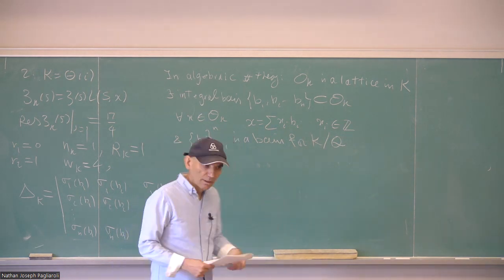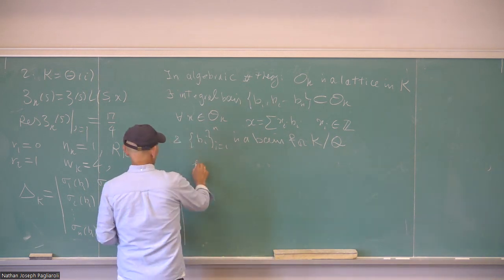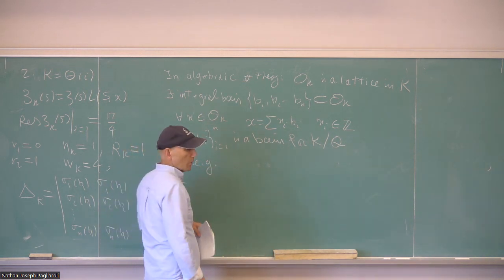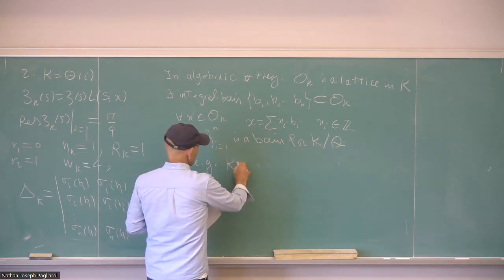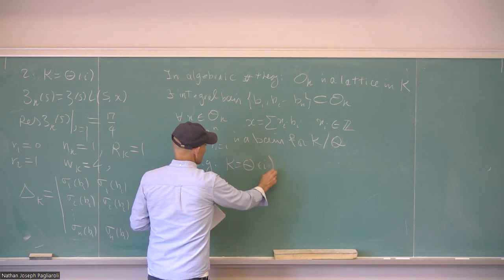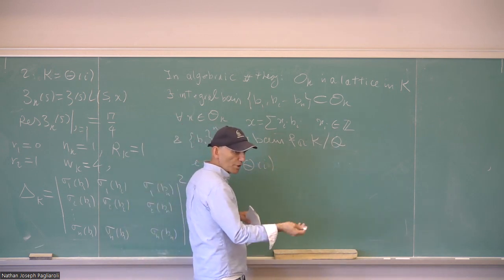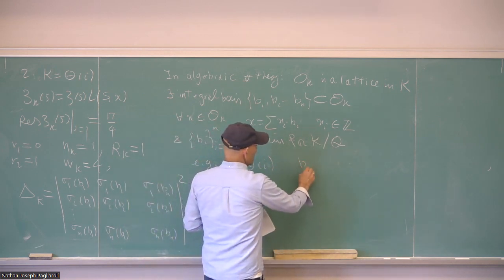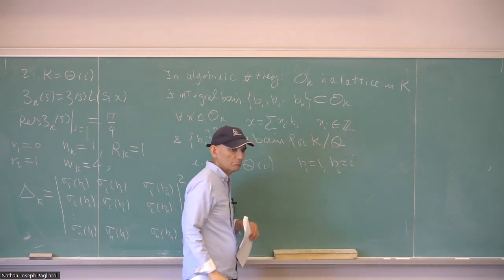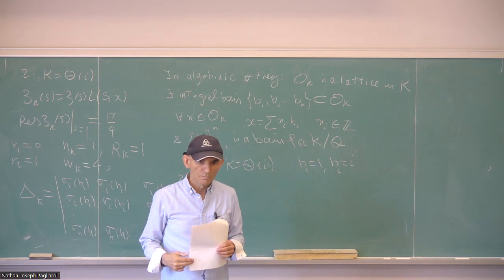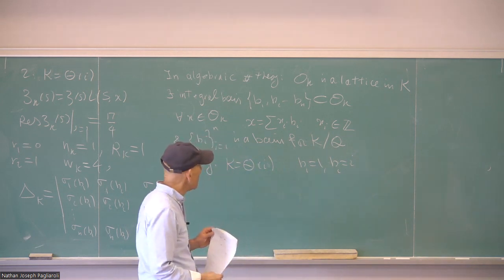Example? Well, the simplest example, of course, K equal to Q(i). In this case, you can take b1 equal to 1, and b2 equal to i. K what?